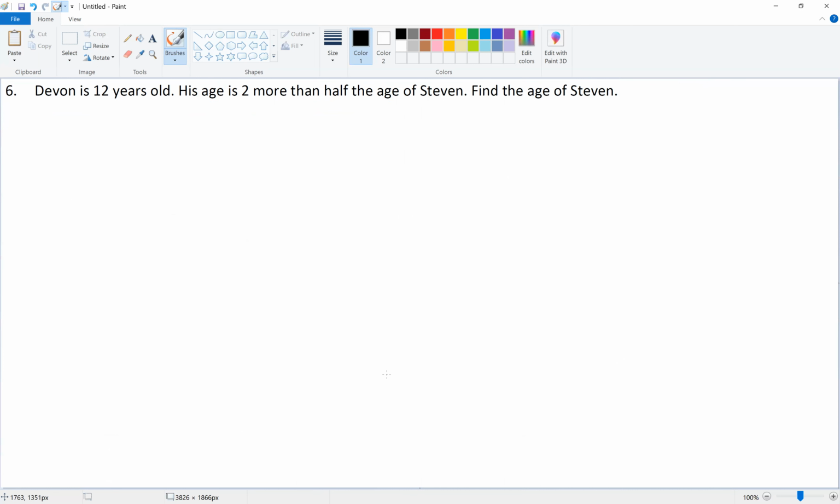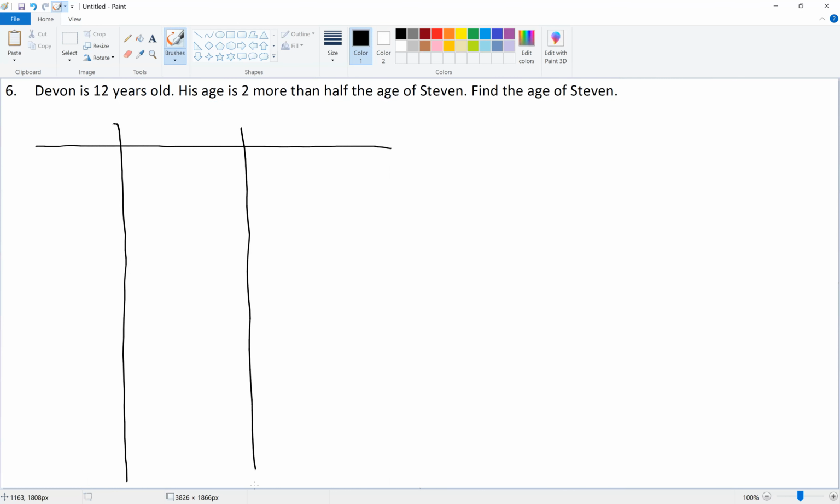So Devin is 12 years old, and his age is 2 more than half of the age of Stephen. So, I did 12 minus 2, and I got 10. And that's like half of 20. So I thought the age of Stephen was 20.